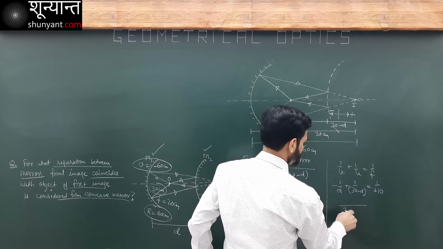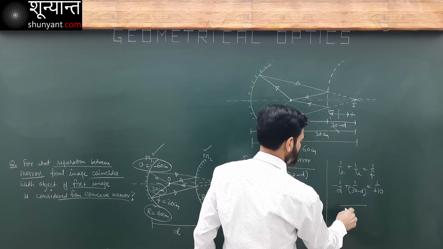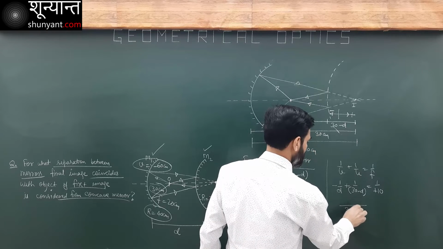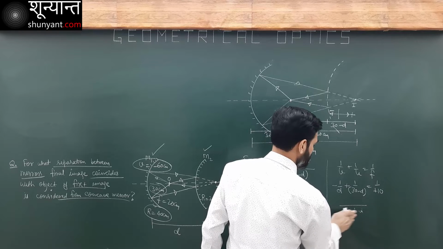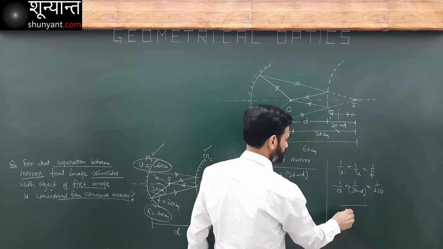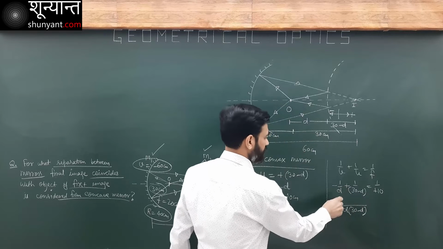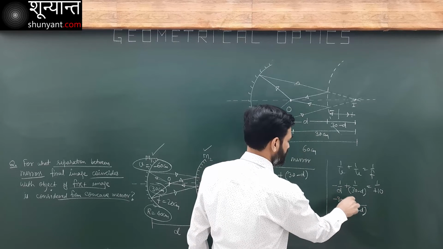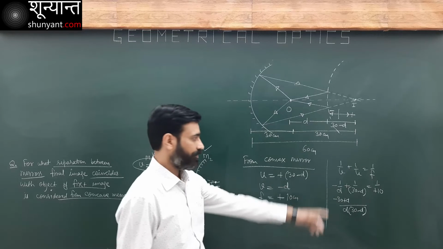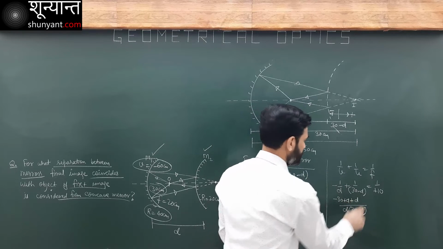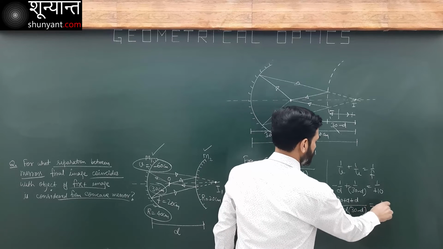D times 30 minus D. This becomes minus 30 plus D, and plus D is going to be 1 over 10.